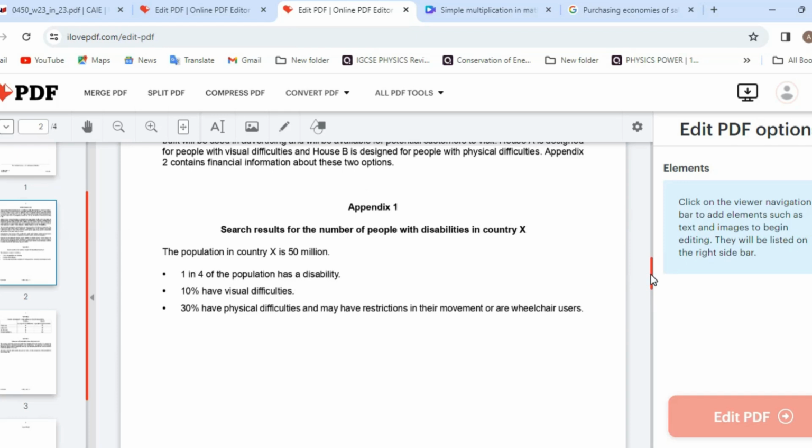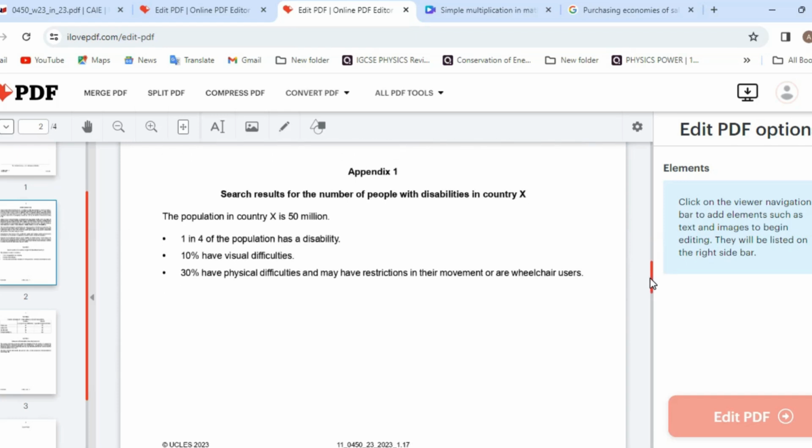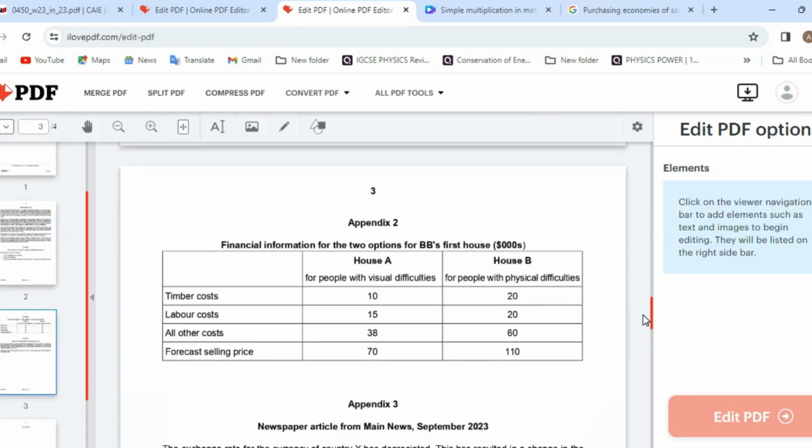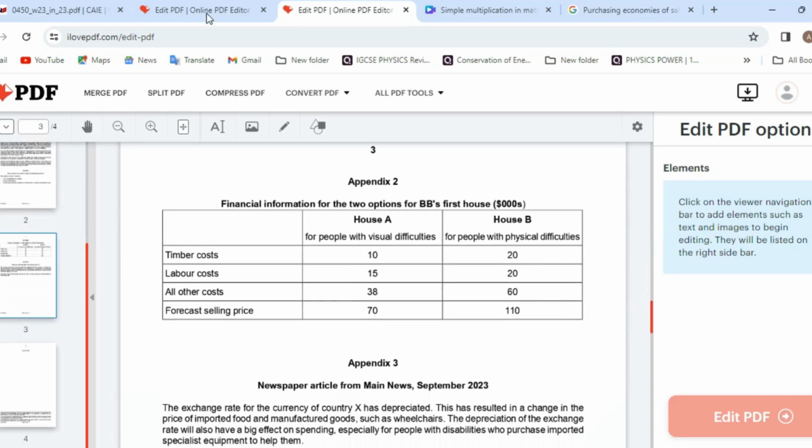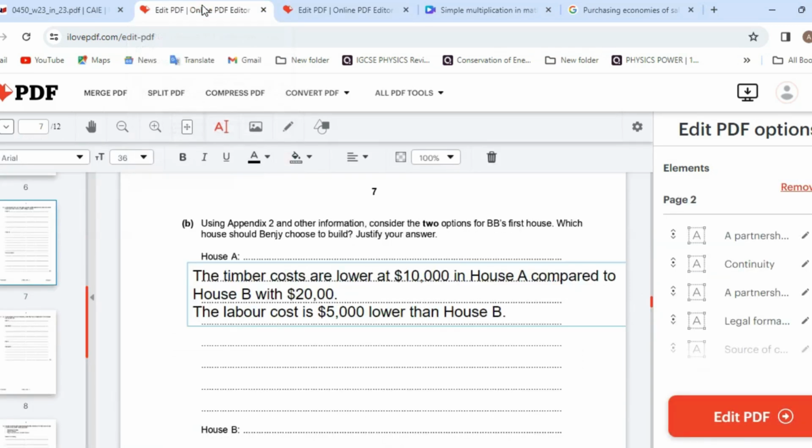Yes, okay. Let's put it down in text before we move down to the investment. Okay, let's try and put it here also.